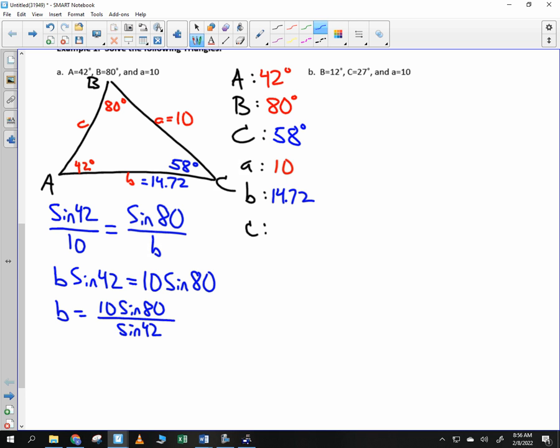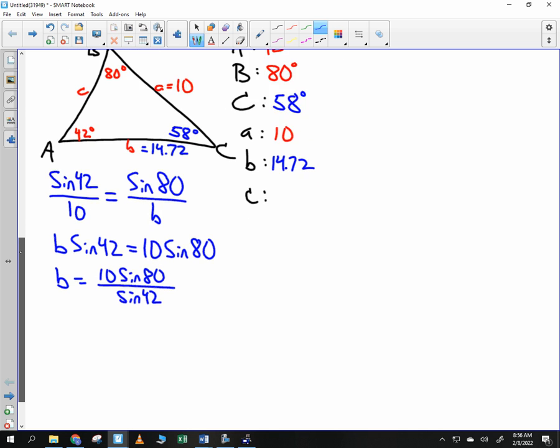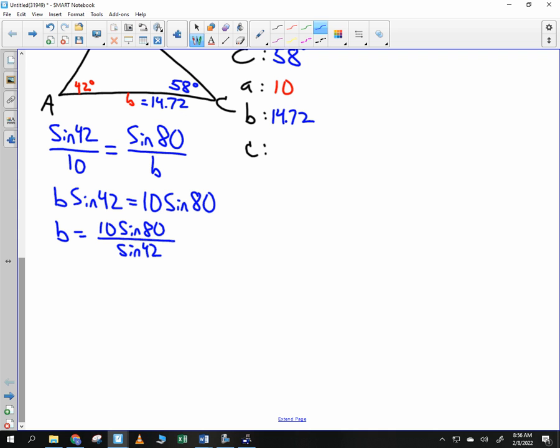You can use either the B set or the A set. See if you can set it up and see if you can find side C. Go. Sine of something over something equals sine of something over something. Can't use a squared plus b squared is equal to c squared because it's not a right triangle.